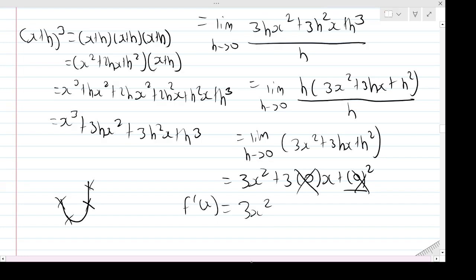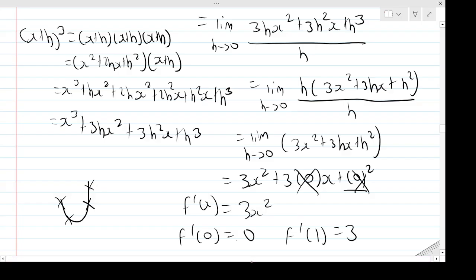There's no estimating, but also I can just plug in values of x, right? So if I plugged in f dash of 0, the gradient would be 0. 3 times 0 is 0. So immediately that's telling me at 0, the gradient is 0. Then if I plugged in f dash of 1, that's 3 times 1 squared, which is 3.